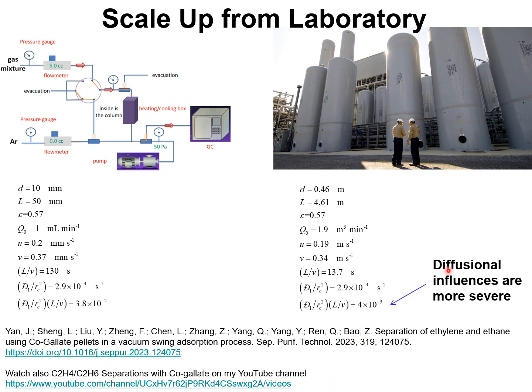This is because diffusional influences are more severe by about a factor of 10 on industrial scale compared to the laboratory scale. This is a message that is not often underscored in the published literature.